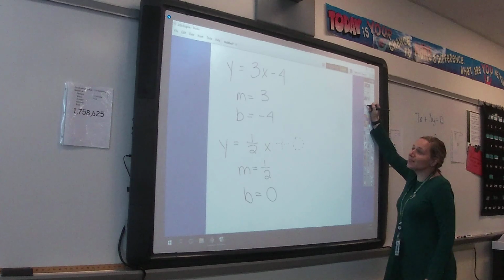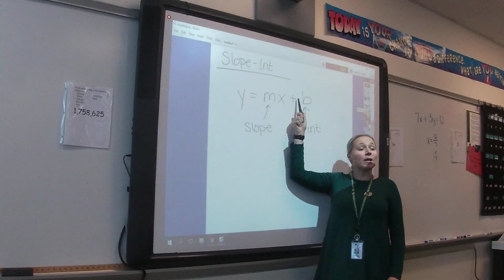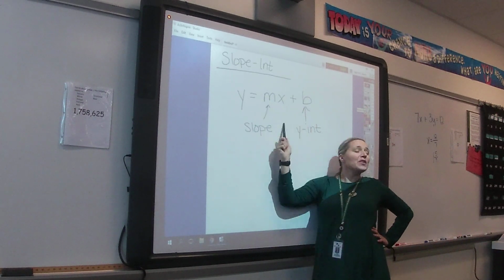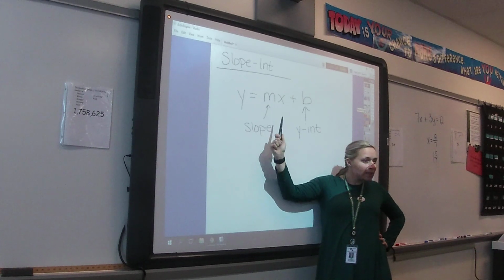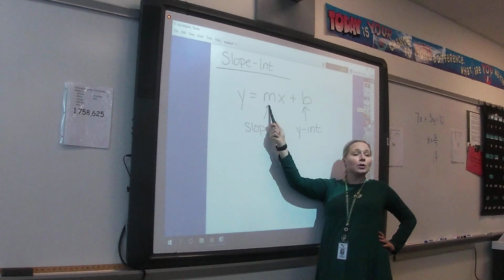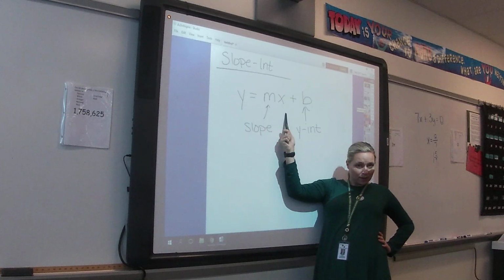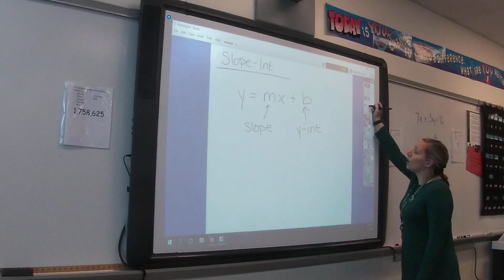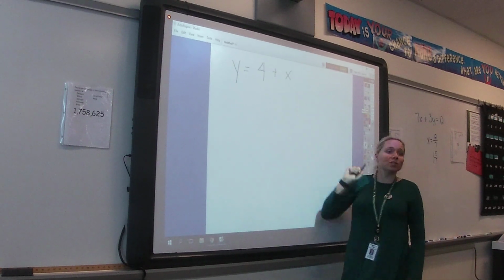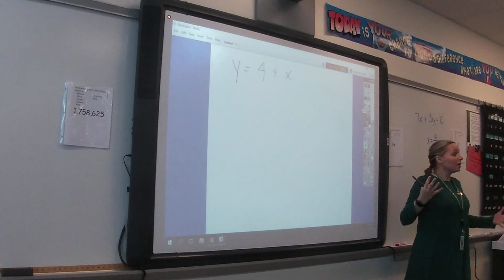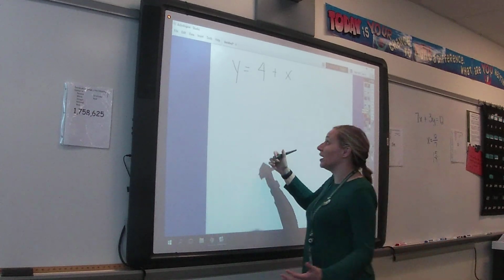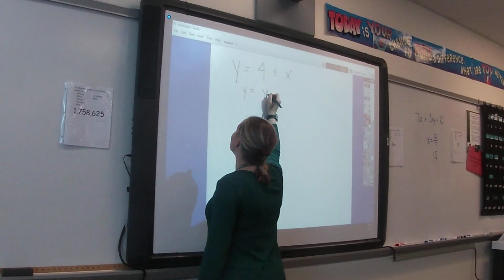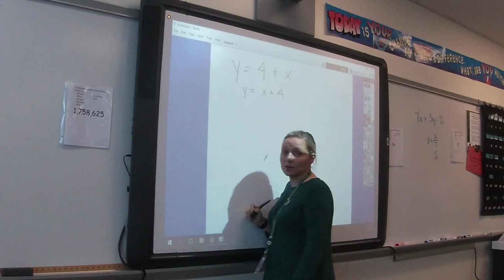Correct, right? So if we say y equals mx plus b form, it's not that the first number is the slope, it's that it's the number being multiplied with x, right? So if we look at this problem, can I change the order of addition? Yes, and I could rewrite this into y equals x plus 4.